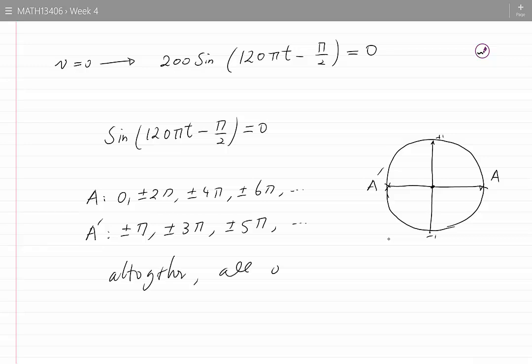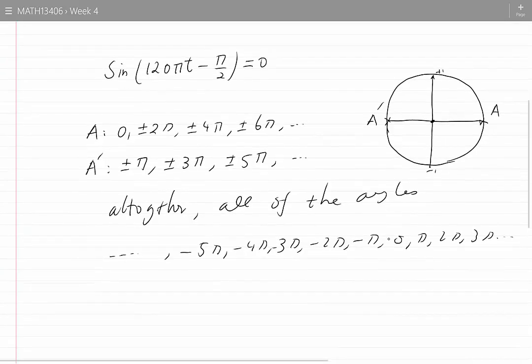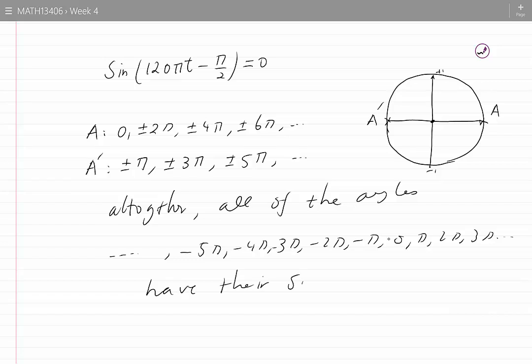So in fact, all of the angles starting, let's say, minus 10 pi, minus 9 pi, coming down to minus 5 pi, minus 4 pi, minus 3 pi, minus 2 pi, minus pi, 0 pi, 2 pi, 3 pi, have their sine equal to 0.